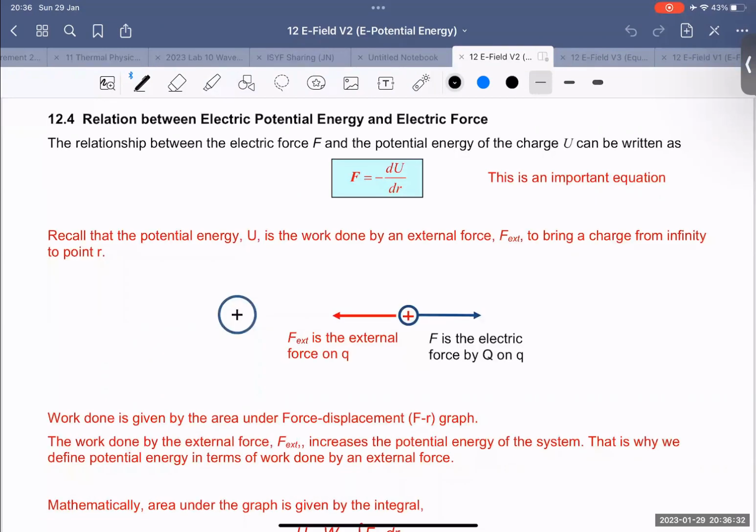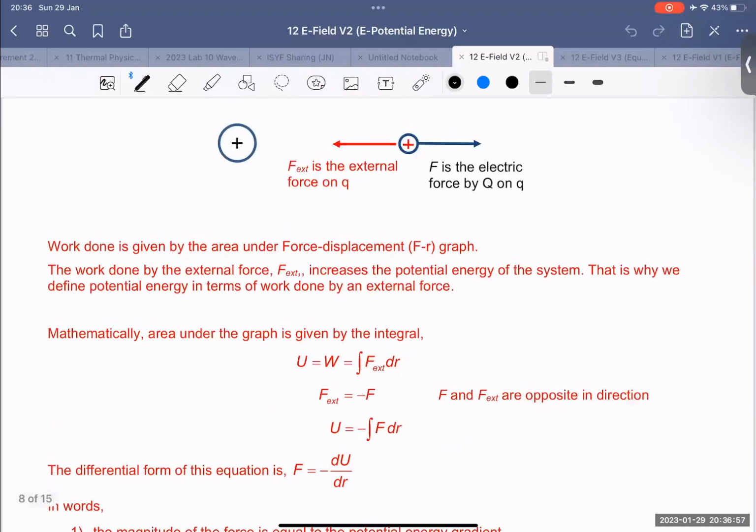Recall that the potential energy is the work done by an external force to bring a charge from infinity to point R. So the work done is given by the area under the force displacement graph. The work done by the external force increases the potential energy of the system. That is why we define potential energy in terms of work done by an external force. Mathematically, the area under the graph is given by the integral.